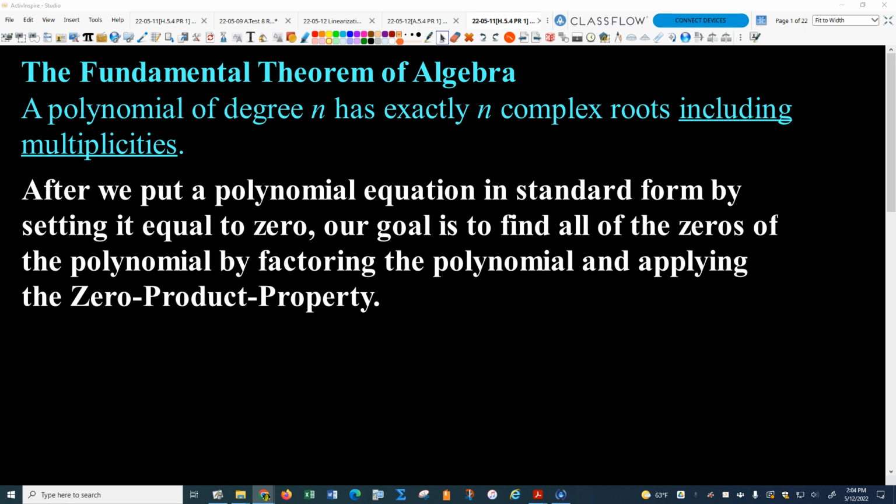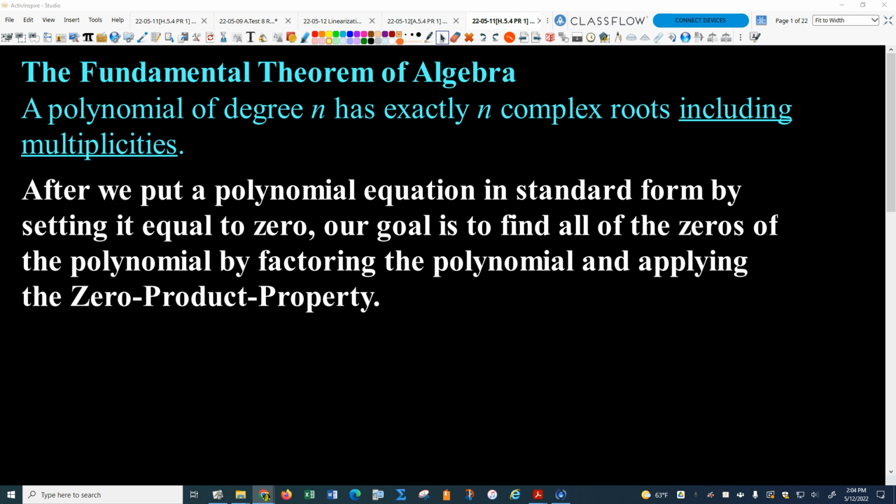It says a polynomial of degree n has exactly n complex solutions, guaranteed, no matter what, including multiplicities. So if some of the zeros have higher multiplicities than 1, they just count for multiple solutions. If a solution has a multiplicity of 3, it counts as 3, okay?